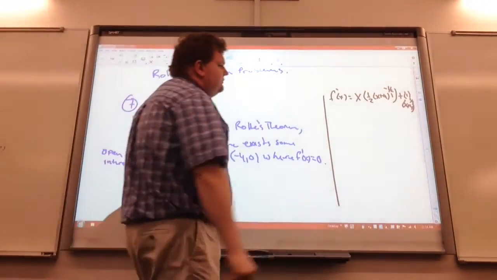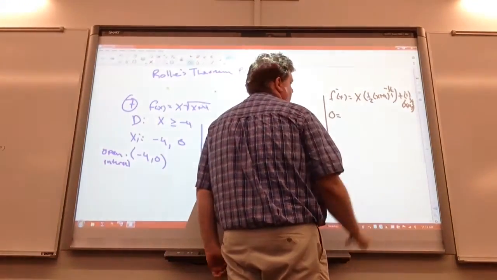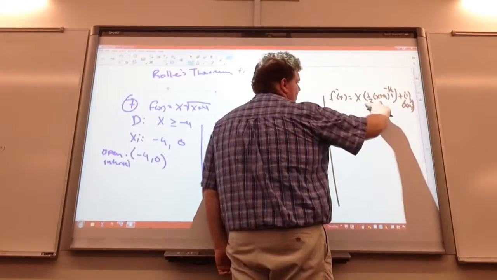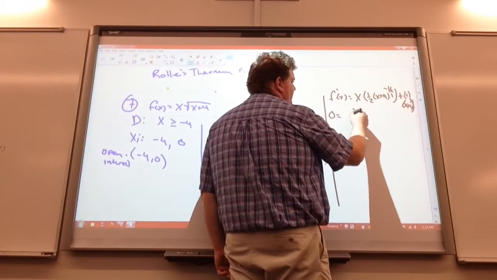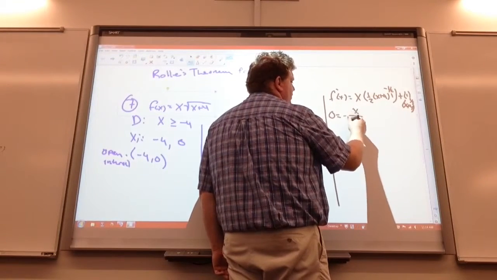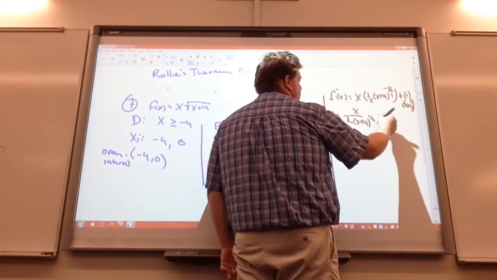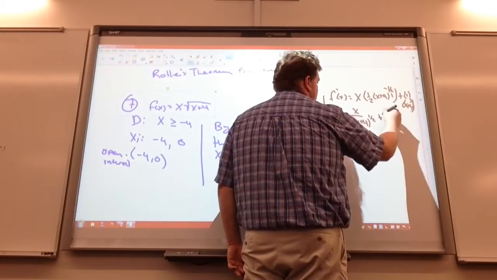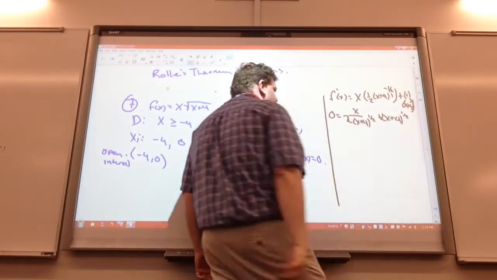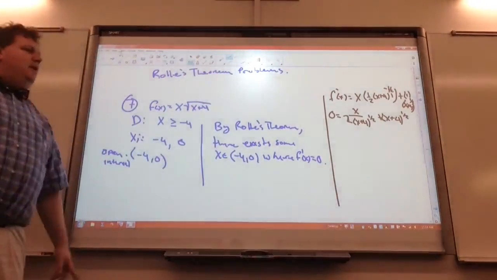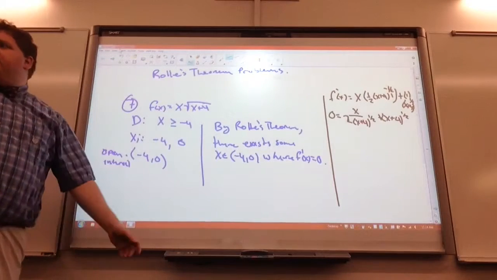We set the whole thing equal to 0. And when I set it equal to 0, I'm going to clean it up a bit. This will clean up to be x over 2 times x plus 4 to the negative 1/2, plus x plus 4 to the 1/2. I'm going to move the x plus 4 to the 1/2 over to the other side.